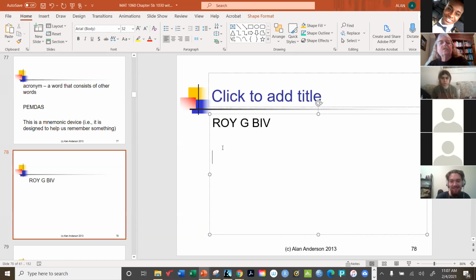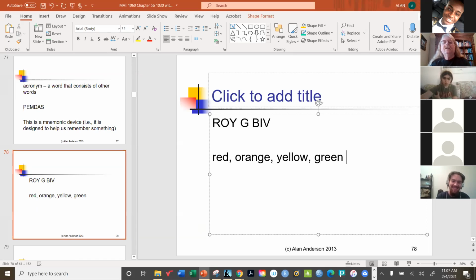Yes, these are the colors of the rainbow, specifically red, orange, yellow, green, blue, indigo, and violet, in that order. Those are the colors of the rainbow, or the prism. When you have a prism and you break up white light, this is what you're going to get.